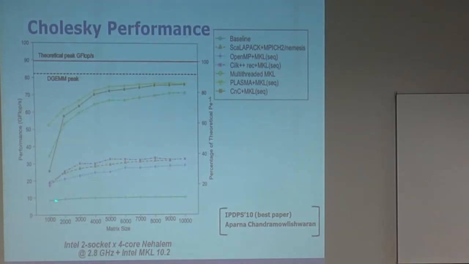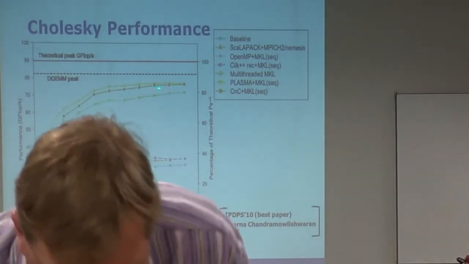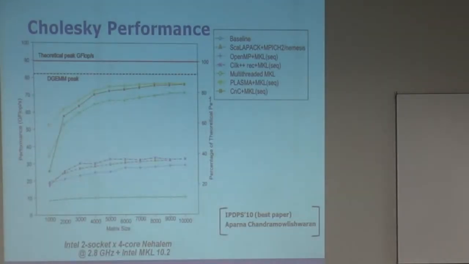This is the serial performance. These three are Cilk, OpenMP, and ScaLAPACK down here. And up here, CnC is this one, the red one here. And that's up there with multi-threaded MKL and PLASMA.